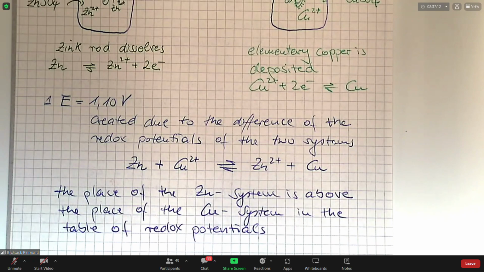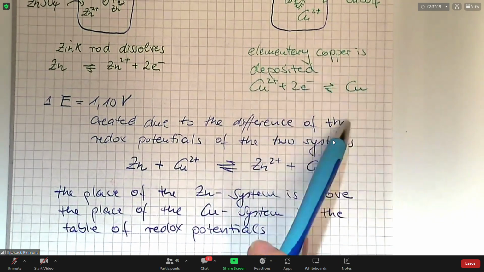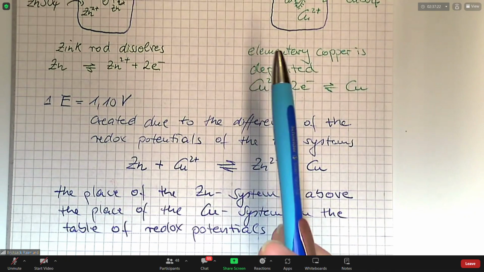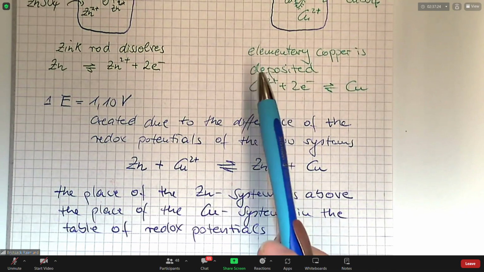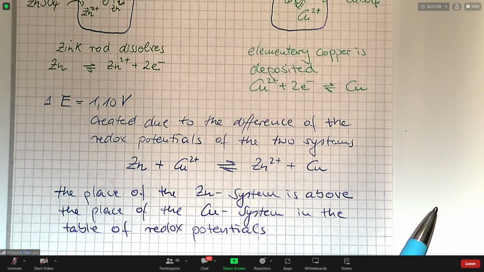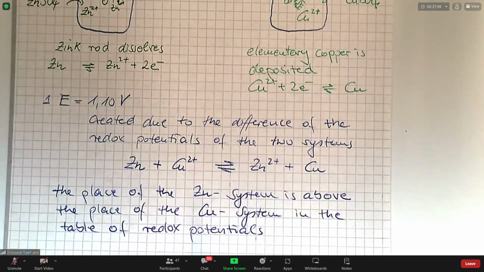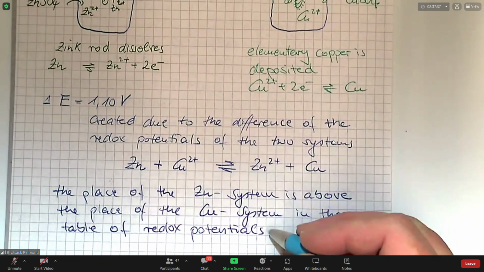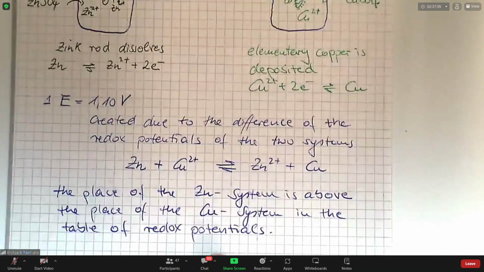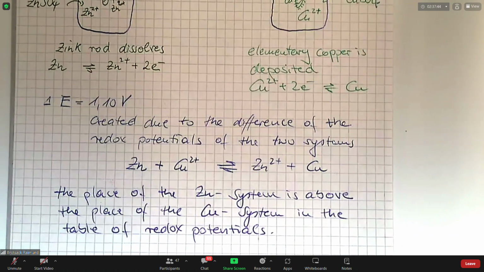Should be something like the potential of zinc minus... Copper minus zinc, I think. Let's look to the table. We will see it. Zinc is less noble as compared to copper.